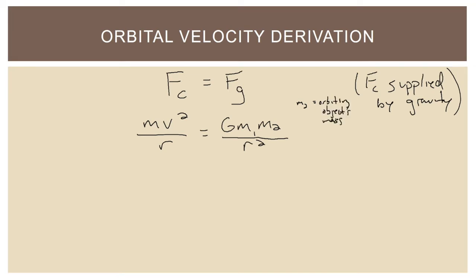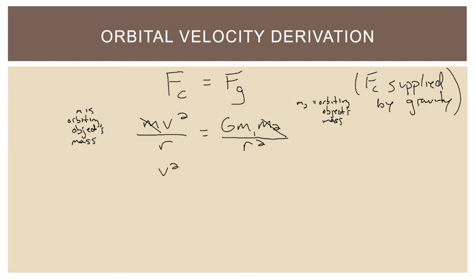Well, if m2 is the orbiting object's mass, and this mass in the centripetal force equation is always the mass of the object moving in the circle, then this is the orbiting object's mass too. So this m is the orbiting object's mass, and that means they cancel.